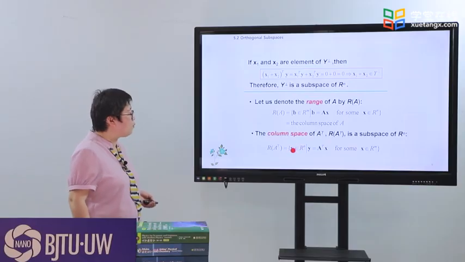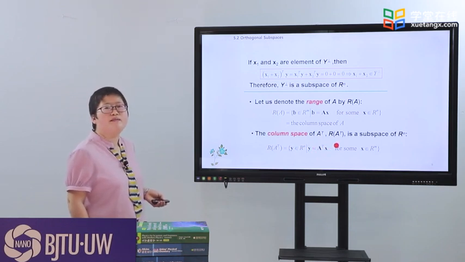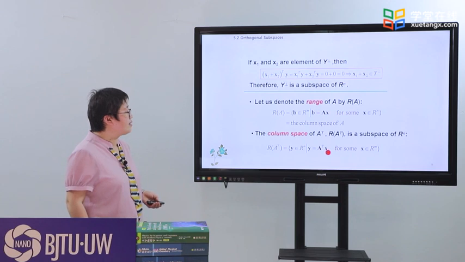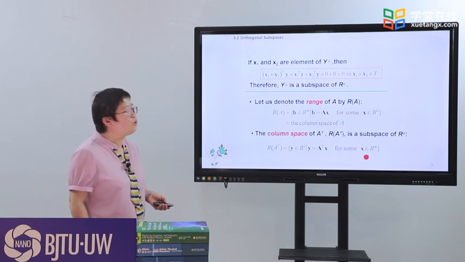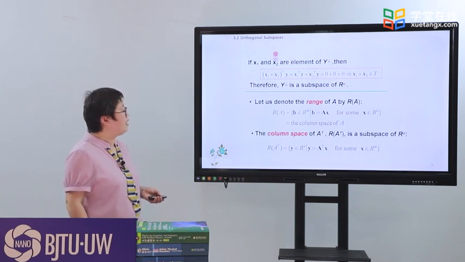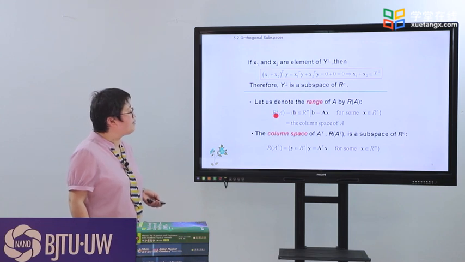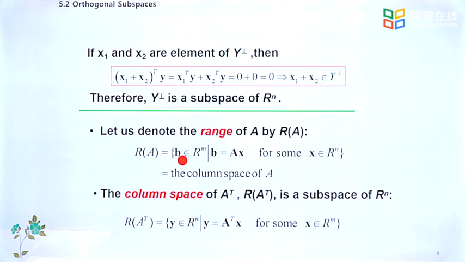So it contains y in Rn such that y equals A transpose times x for some x in Rm. So they are in different dimensions, right? The range of A should be a subspace of Rm, while the range of A transpose should be a subspace of Rn.